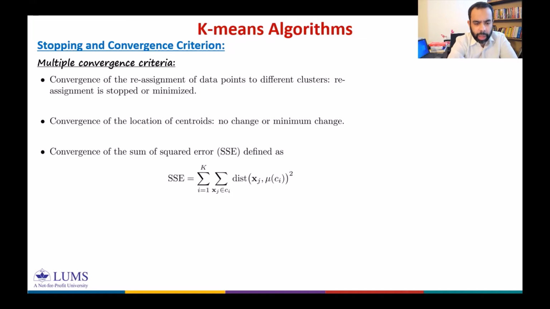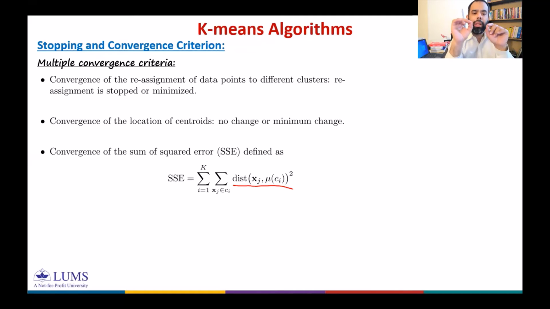Okay, let me explain this. Distance of x_j and mu_ci explains the distance between a data point x_j and a cluster head mu_ci, and we are taking point x_j from the cluster c_i. So this quantity gives us the distance of every point in the cluster to the centroid of the cluster.